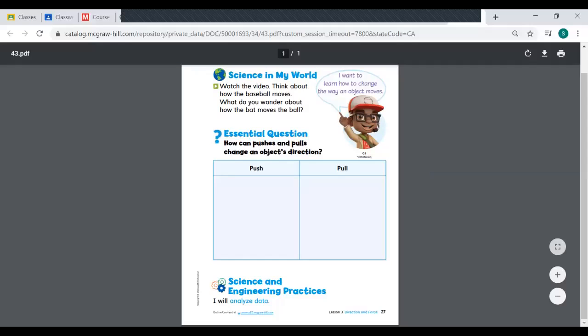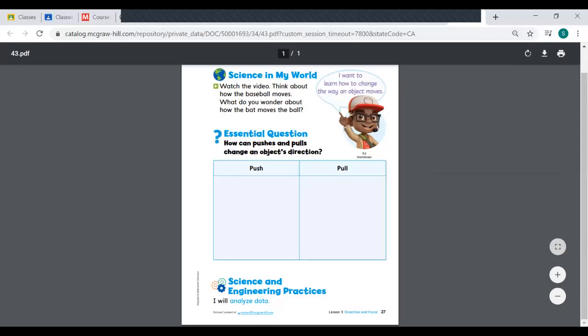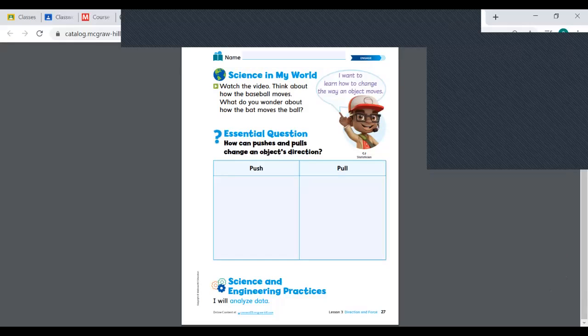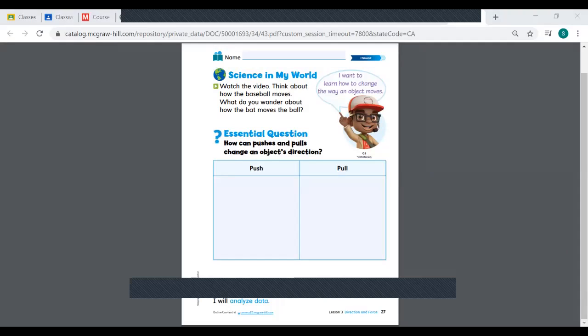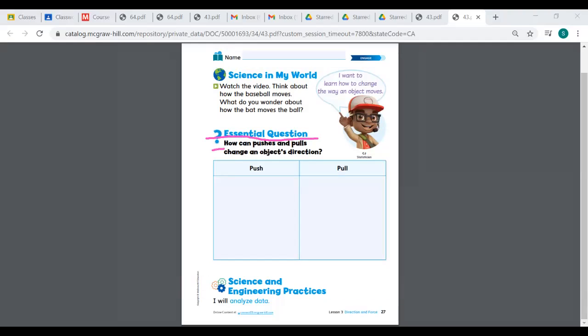All right, let's go back to page 27 and let's answer this question. So we watched a video about the baseball. We did watch a video about CJ also, but let's focus on how the baseball moved. So our essential question here is, how can pushes and pulls change an object's direction?